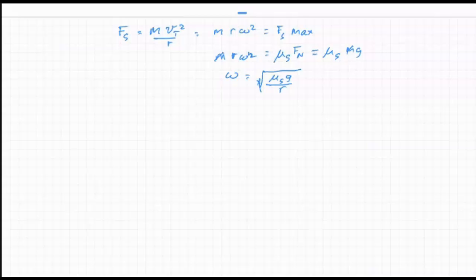So we want to find out what that angular velocity is after that particular displacement. Well, we know that analogous to our three kinematic equations for linear motion, we have three kinematic equations for angular motion.